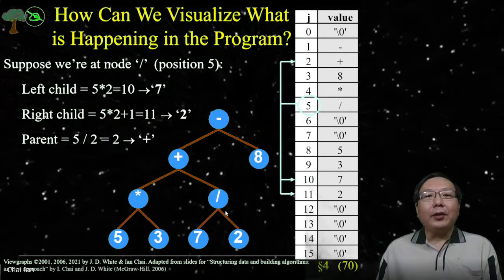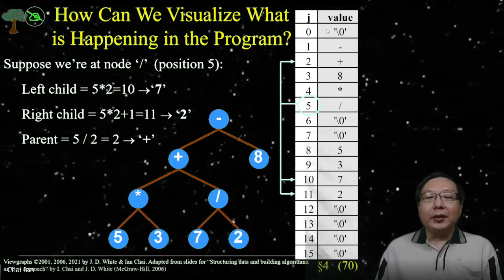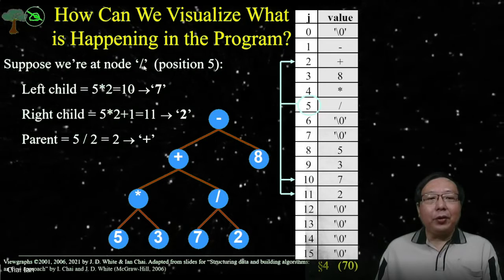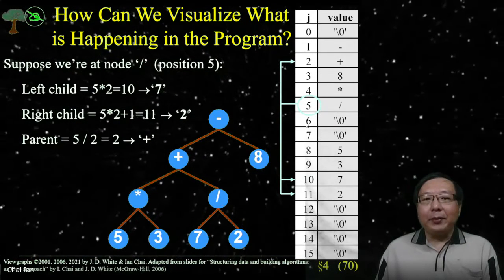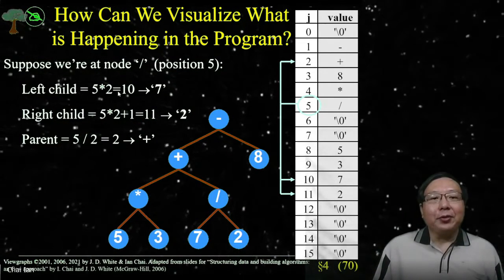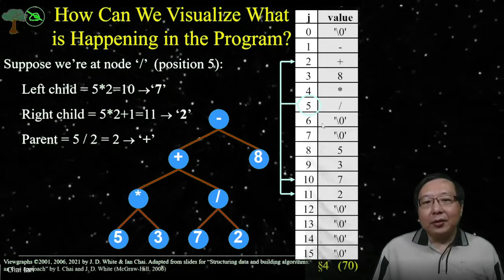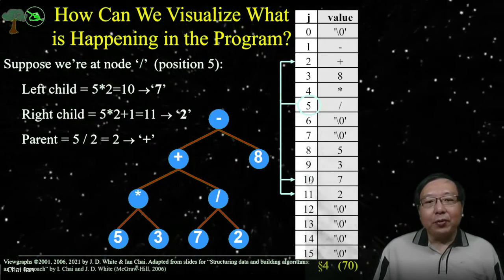All right, so how can we visualize what is happening in the program? So actually, if we are at node slash divide this node, that means we're at position 5. The left child is 5 times 2, which is 10. So it's the one that has 7 here, position 10. The right child is 5 times 2 plus 1, which is 11.